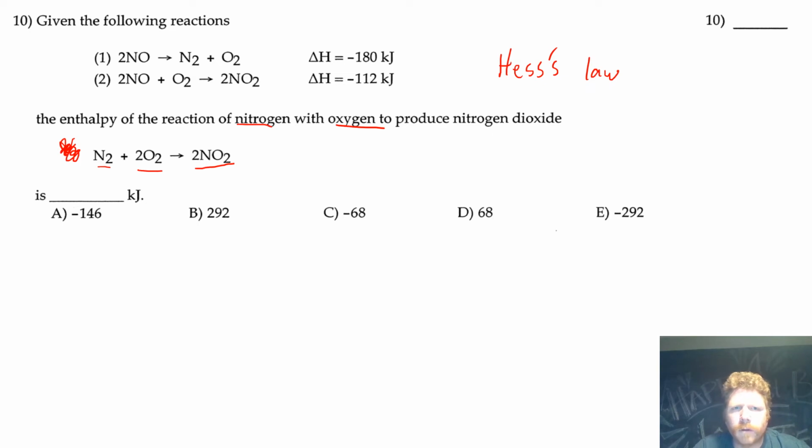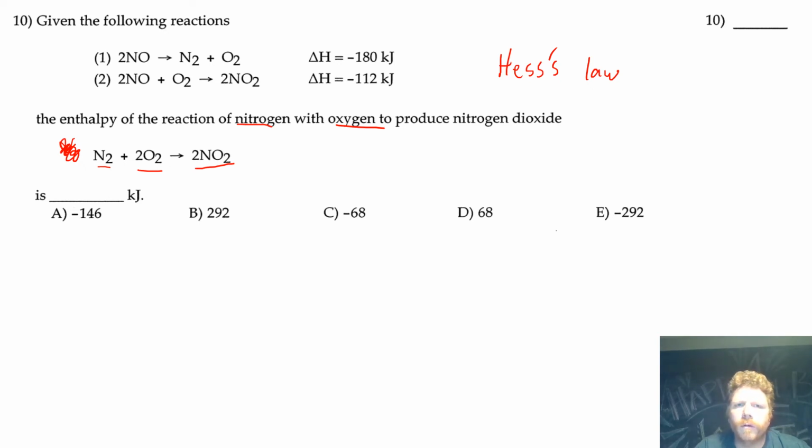In reaction 1, we have 2NO as a reactant, a decomposition where 2NO breaks down into N2 plus O2. N2 and O2 are both reactants in our overall reaction, and NO is not found at all in the overall reaction.